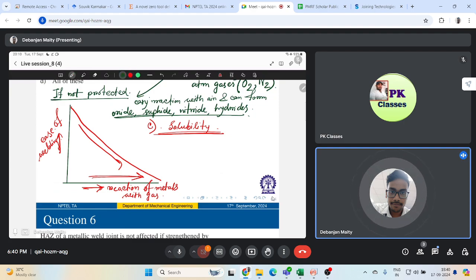So if gas is dissolved in your metal, it will react in two different ways.